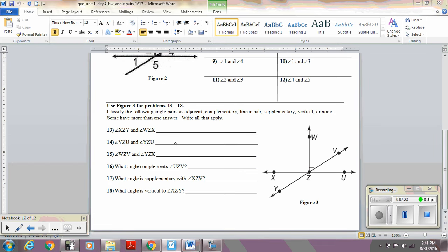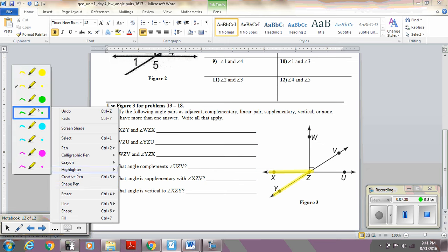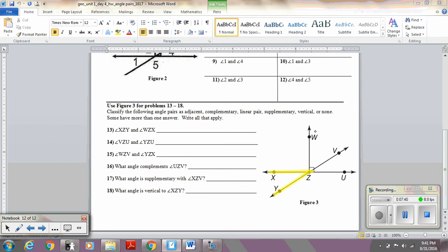When you trace, start with the first letter. So for 13, I'm looking at X, Z, Y, this angle here, and W, Z, X. The two angles share a wall, so they're next door neighbors, or adjacent.